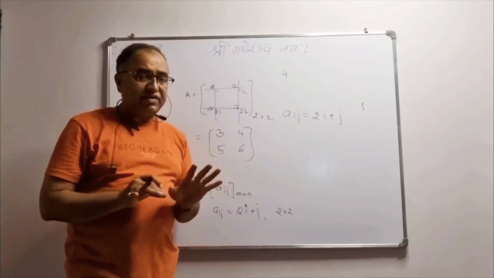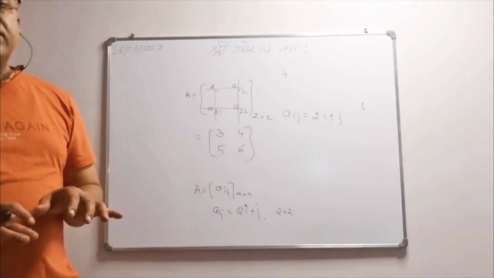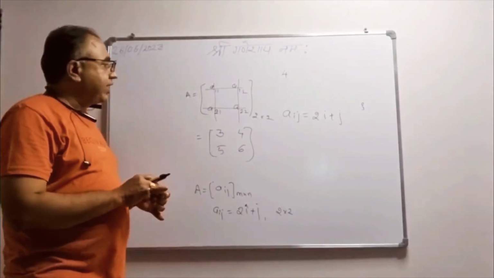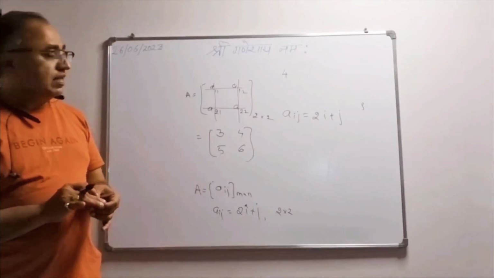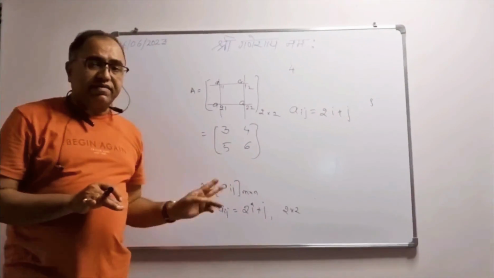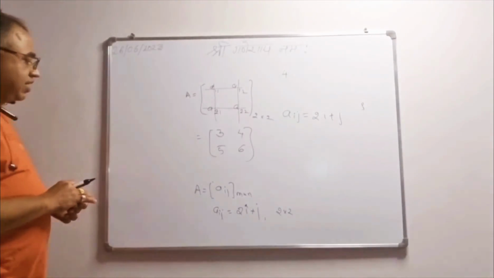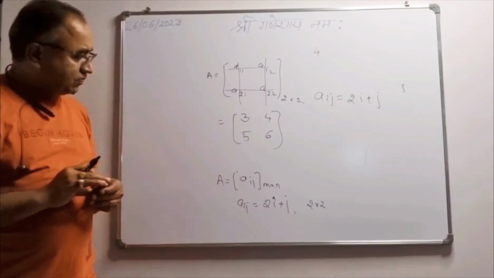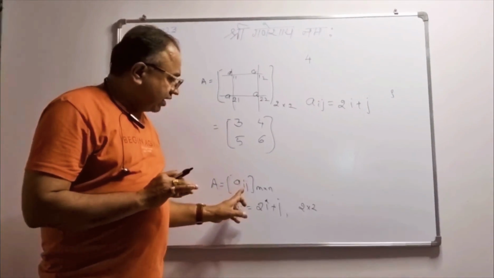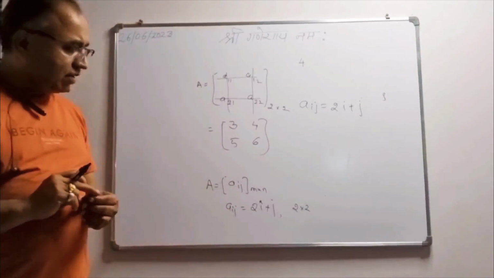This is how it works. What is a matrix? A matrix is nothing but a rectangular arrangement. If you can arrange something in the form of a rectangle, it's called a matrix. How to denote a matrix? Matrices are denoted by capital letters A, B, C, D. How do we denote the entries of a matrix? Entries of a matrix are denoted by small letters, a i j. What does i stand for? i stands for number of rows. j stands for number of columns.